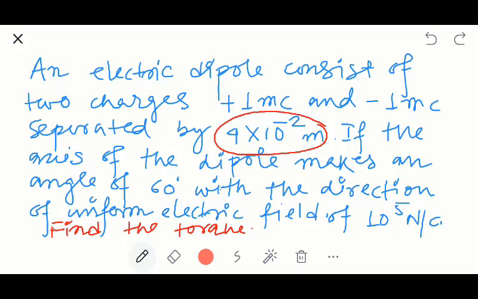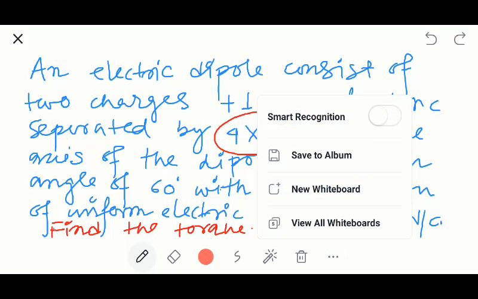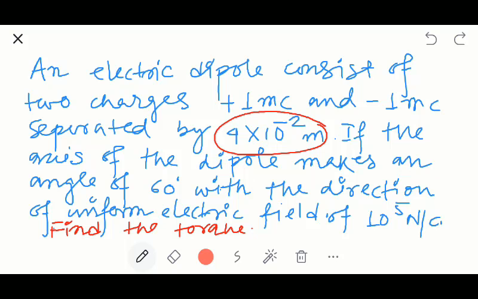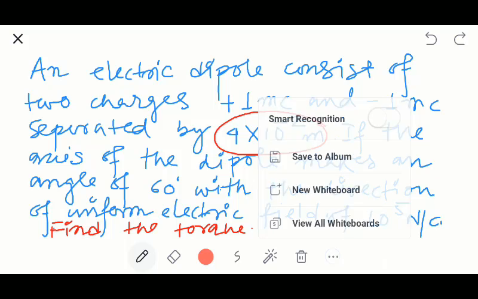So at first make the diagram and understand the concept of what the question is asking for. We have to find out the torque on an electric dipole. So suppose this is our uniform electric field, and this is the direction that I am drawing over here.